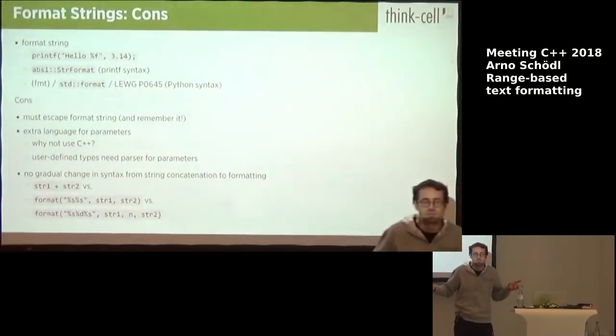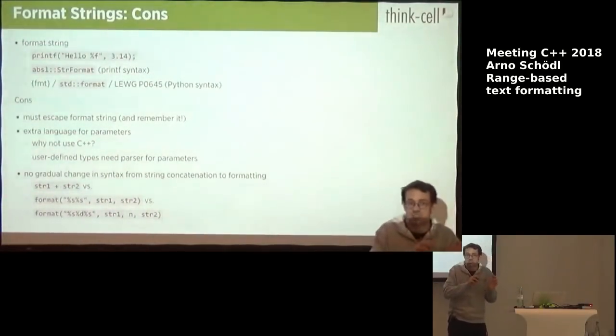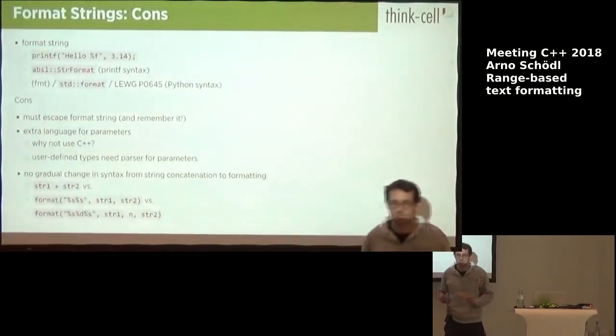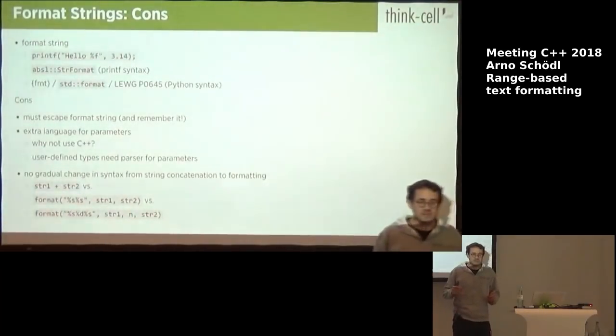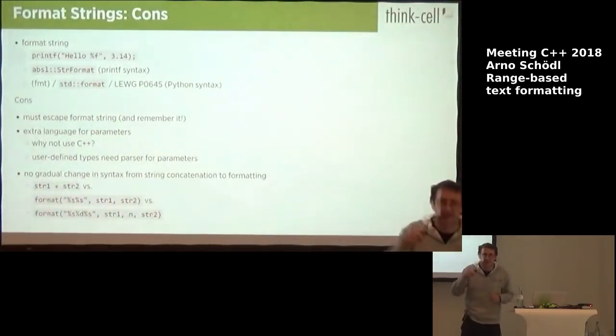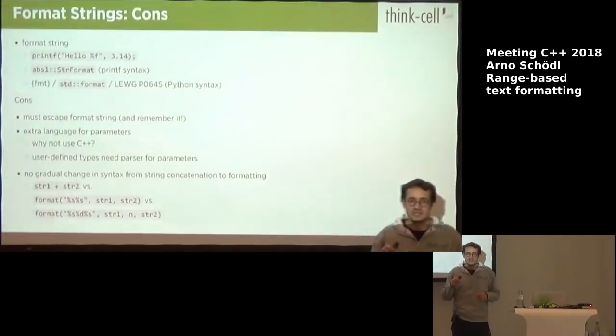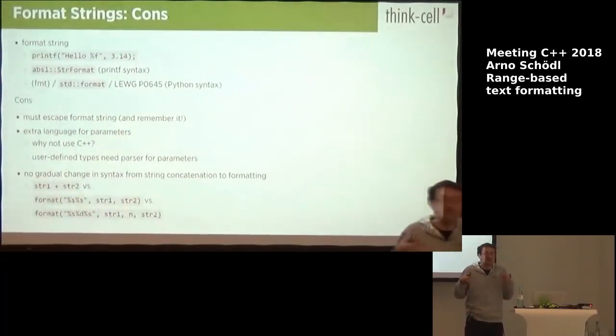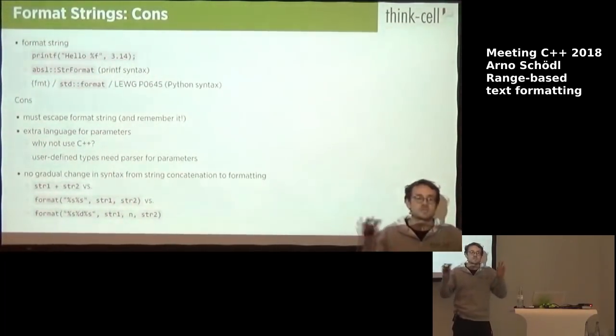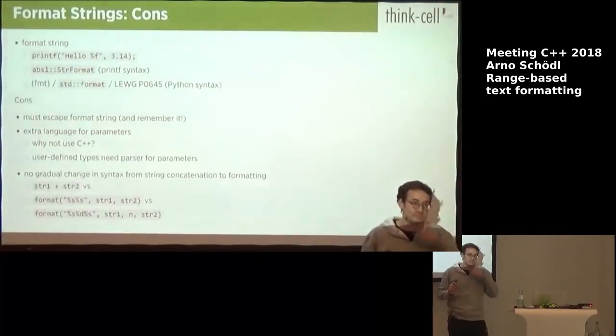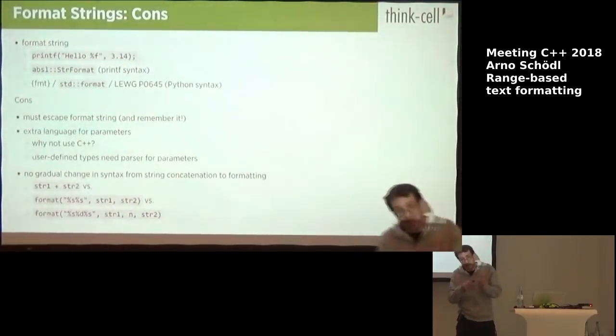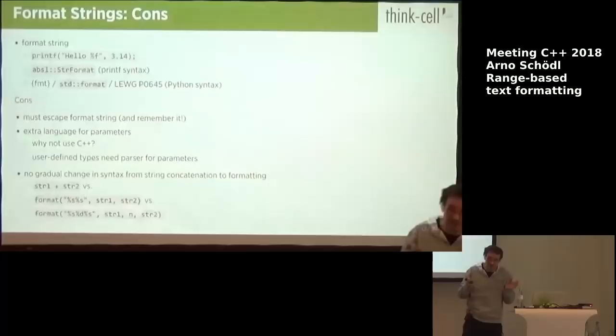You just put them together. You don't want to write a format string for it just to concatenate a string. Now, you come along and now you say, oh, I need a number in the middle. So in order to put that number in the middle, you have to now jump to the format string notation. You have to write %s, %d, and then %s. You have to make up that format string.